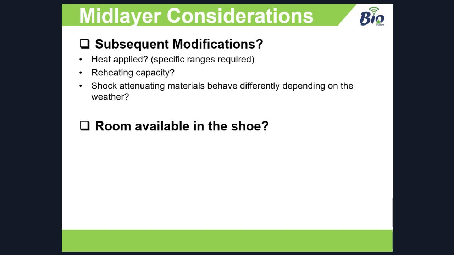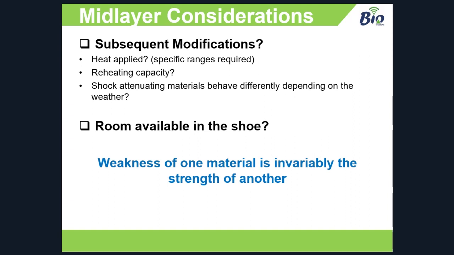And again, the finite space in the shoe, we go from there. Again, the weakness of one material is always the strength of another. All right, so that's the choice paradigm that we need to look at. You're always going to have one that's better than another. Which one are we happy to work with at the point in time, and which is most important for this patient? Combinations, that's the key.